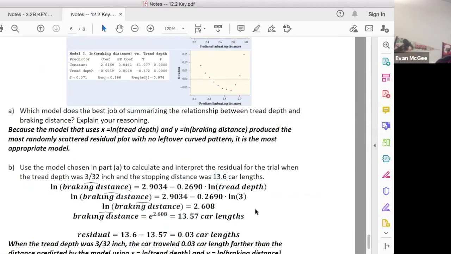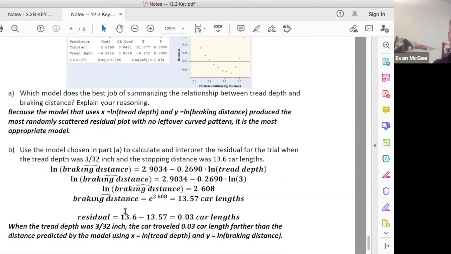There's a residual there, and the predicted value was actually shorter than the actual value. So for our residual, we do the actual minus the predicted, and we get a residual of 0.03. So when the tread depth was 3/32 of an inch, the car traveled 0.03 car lengths further than the predicted line or predicted model when we're using tread depth to predict the braking distance.